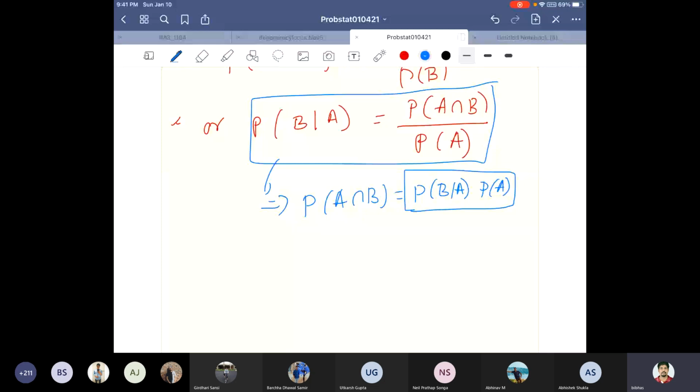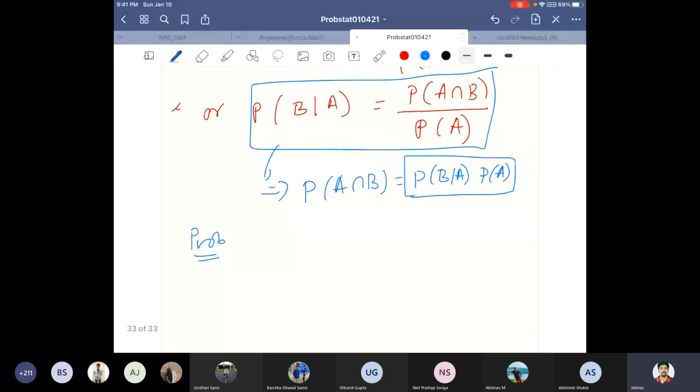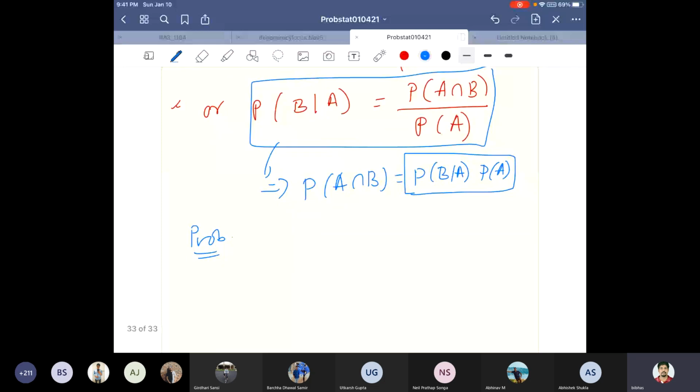There are a lot of televisions, and you want to buy two televisions, one for you and one for your parents. Let us consider this as a problem. Let there be some number of televisions, any arbitrary number, say 40 television sets.